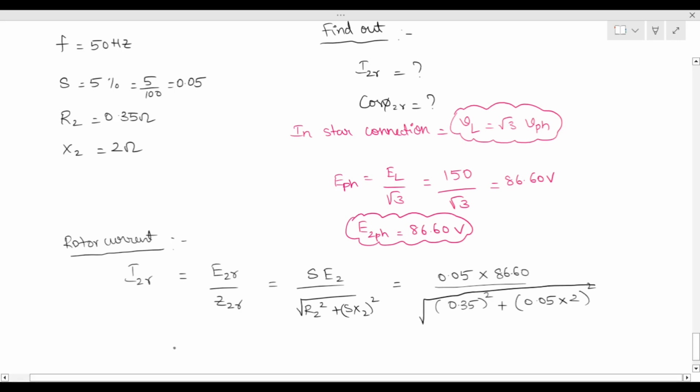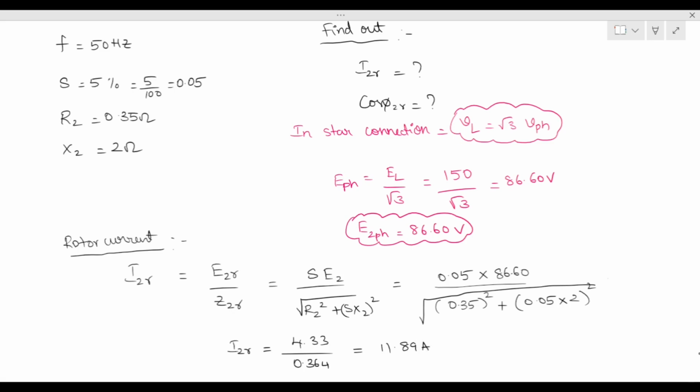Now dividing both values, I2R is equal to approximately 4.33 by Z2R, which is 0.364. So the I2R value will be 11.89 amperes.